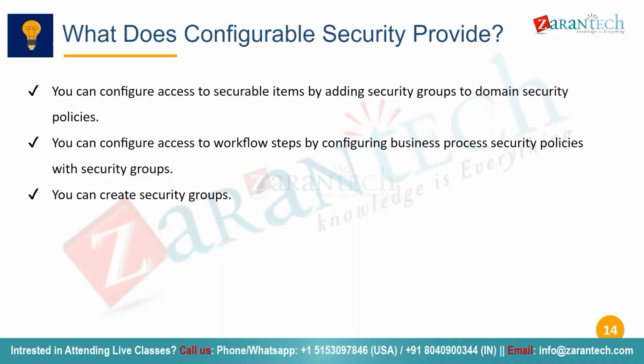Via the domain security group policy, we configure the security groups, and also we configure access to workflow steps for any business process security policies. We configure the access for a workflow trigger to different security groups. And also we create our own security groups. Okay. This is how we configure in security groups.